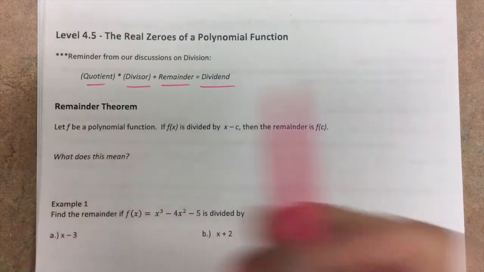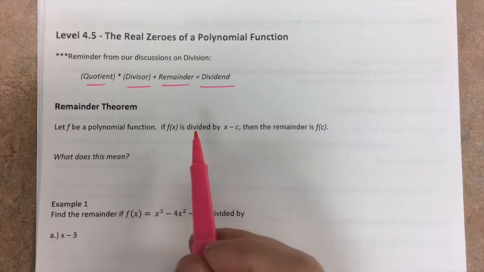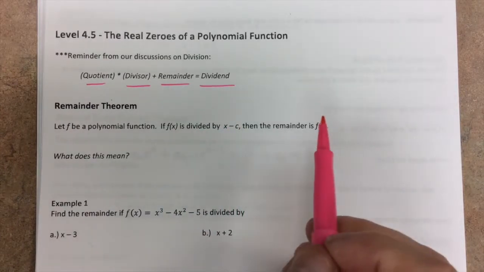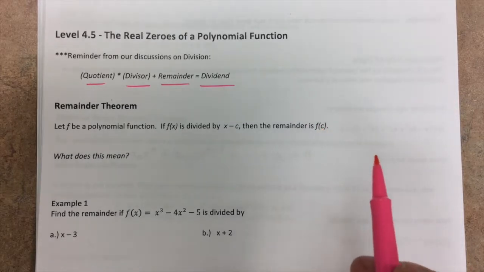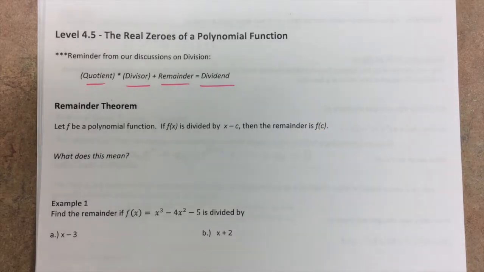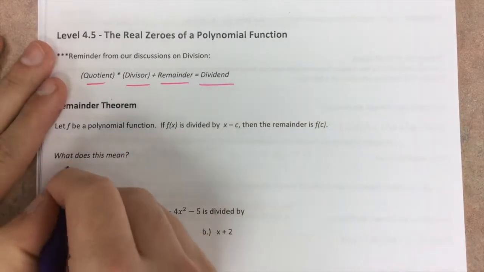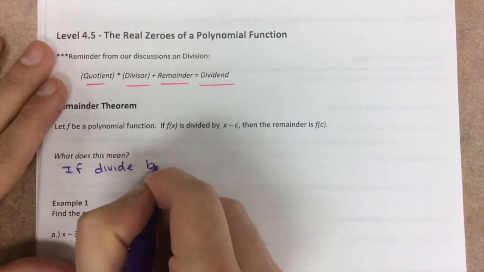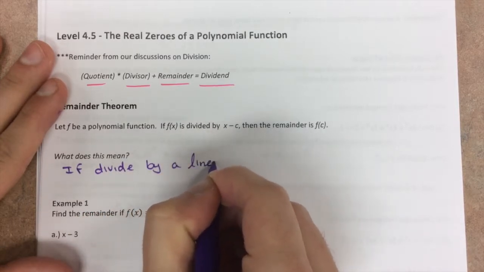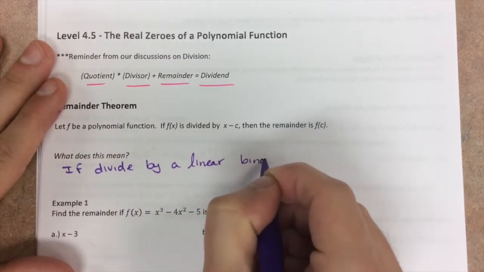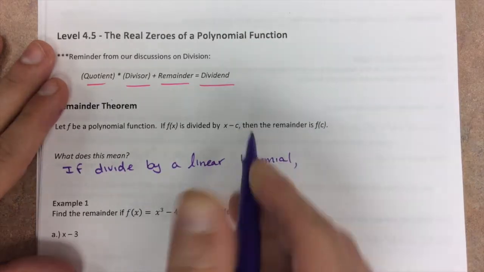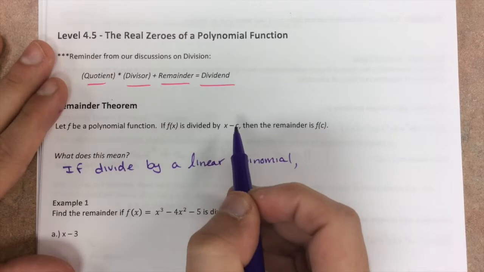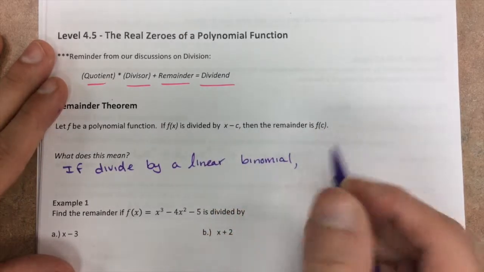So let f be a polynomial. If f of x is divided by x minus c, then the remainder is just f of c. So what does this mean? If I'm dividing by a linear binomial, all you have to do is plug in c, or the opposite, and that will be your remainder.